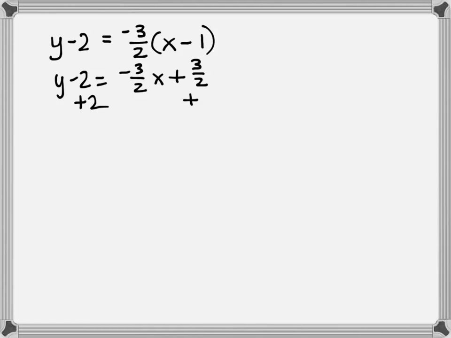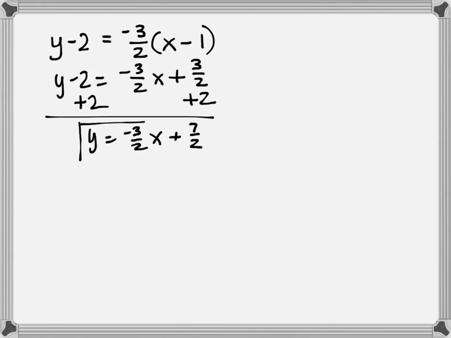Add the 2, you're right. So this is y equals negative 3 halves x, and then what are we going to be adding here? Yeah, 4 over 2 plus 3 over 2 for a grand total of 7 over 2. That's right, good job. All right, so that's what we get.